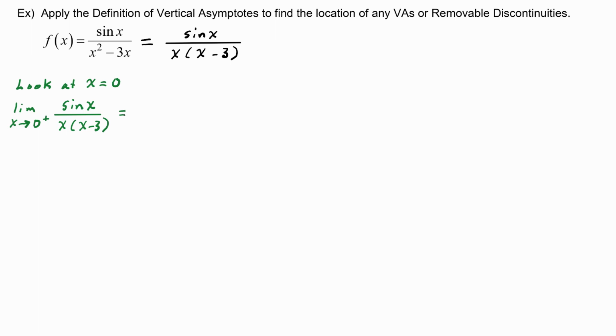So we can rewrite this as the limit as x goes to 0 from the right of sine of x over x times the limit as x goes to 0 from the right of 1 over x minus 3.